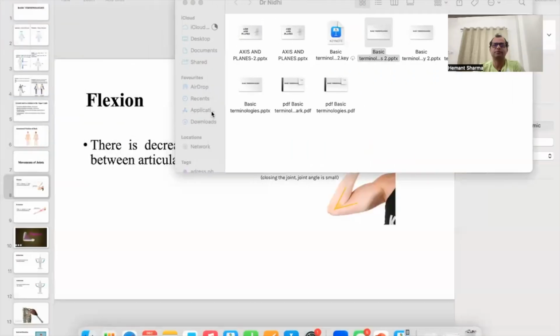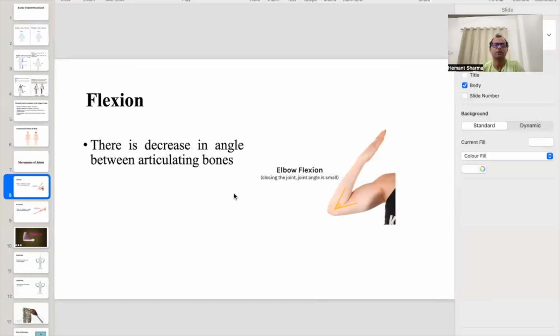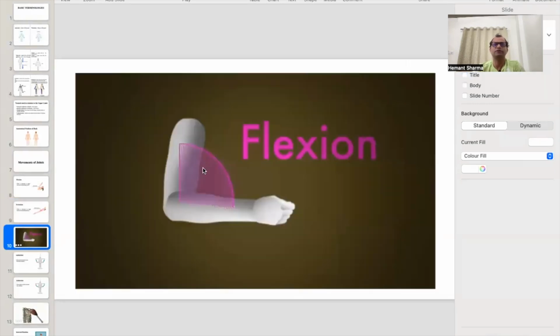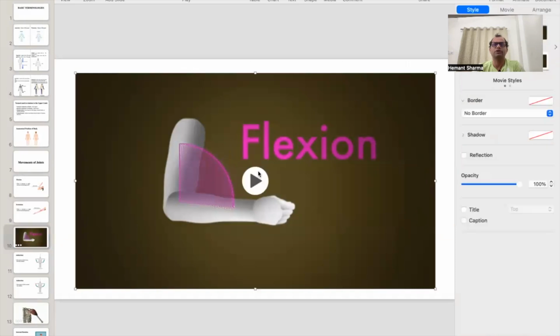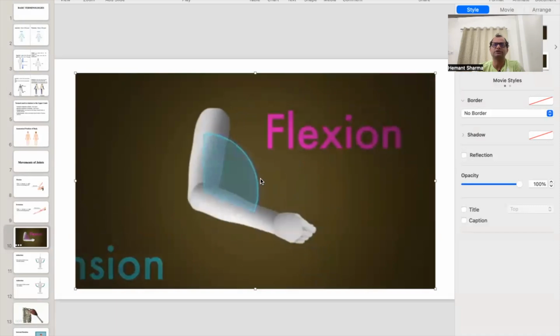So whenever we are decreasing the joint angle, that is called flexion. We already have discussed yesterday. Now, when we are taking the joint away, that is called extension, right? We discussed yesterday. Look here. When we are taking back, that is extension.